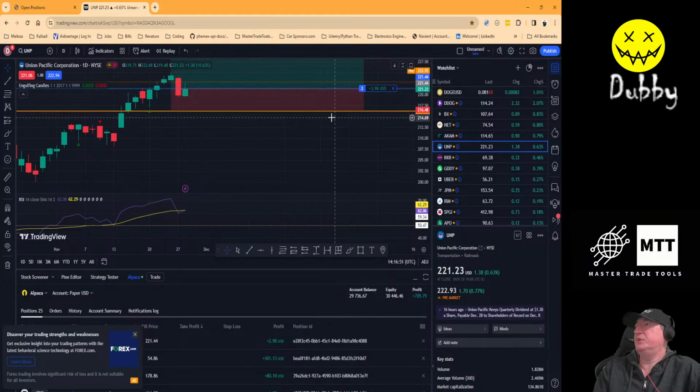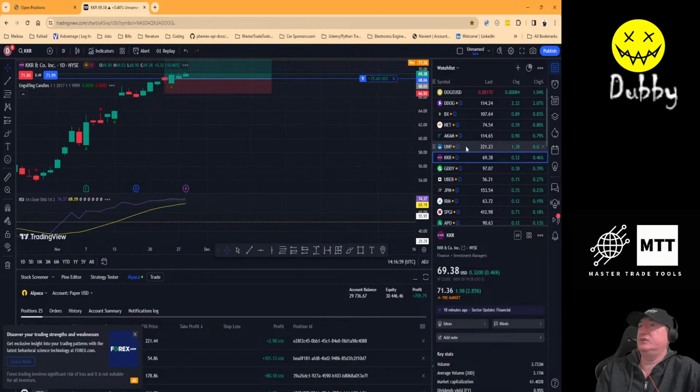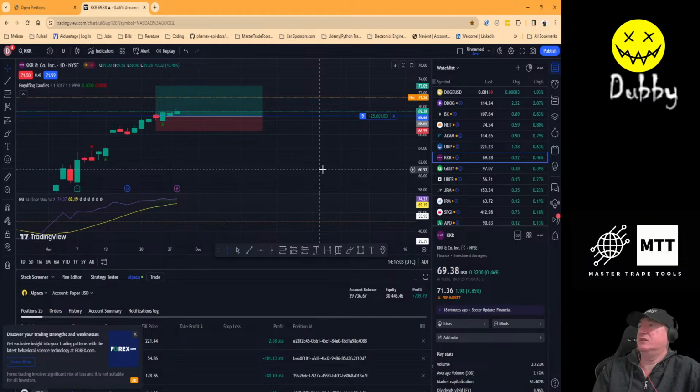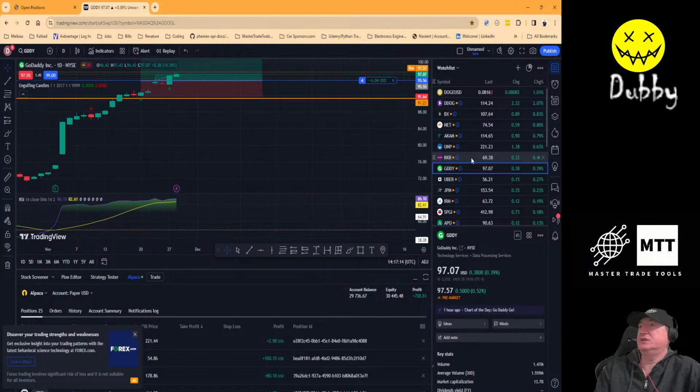There's a little bit of pre-market movement, about $1.50 a share, so that's looking pretty good too. KKR, that one looks like it has a little ways to go before we get to our take profit point, but we're not in red, so that's good.